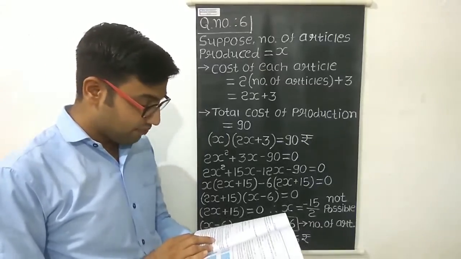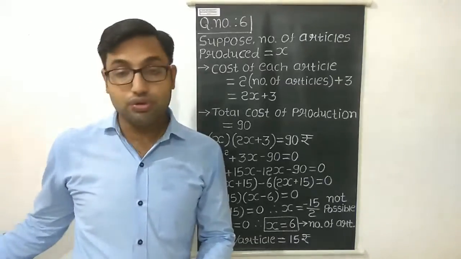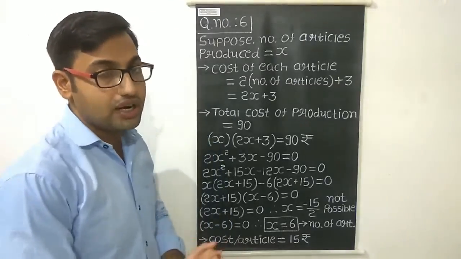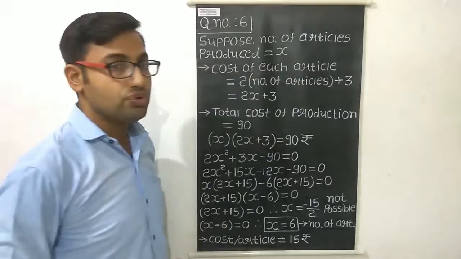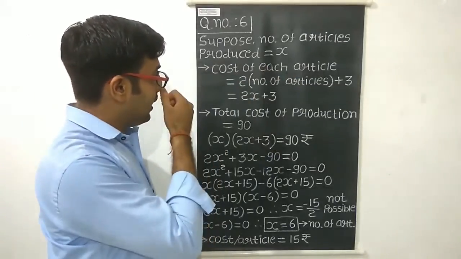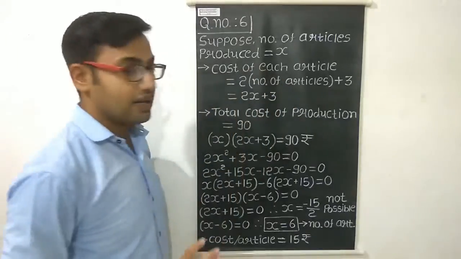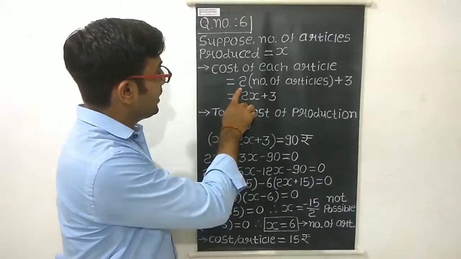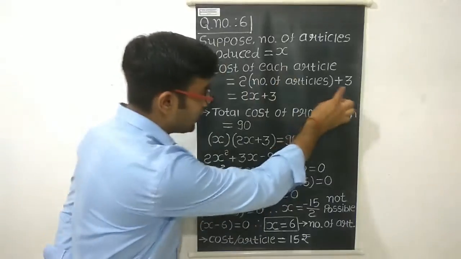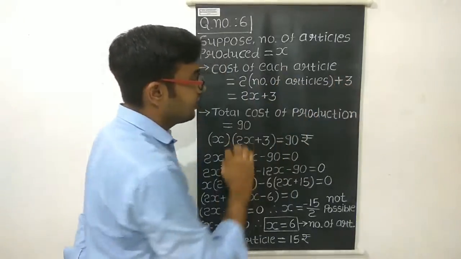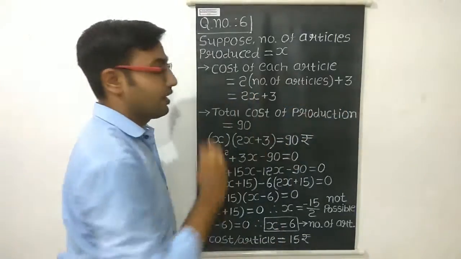Here we have to find two things: the number of articles produced and the cost of each article. So let's suppose that the number of articles produced is equal to x. One condition given in the question is that the cost of each article is twice the number of articles and 3 more. 3 more means we add 3 to twice the number of articles.